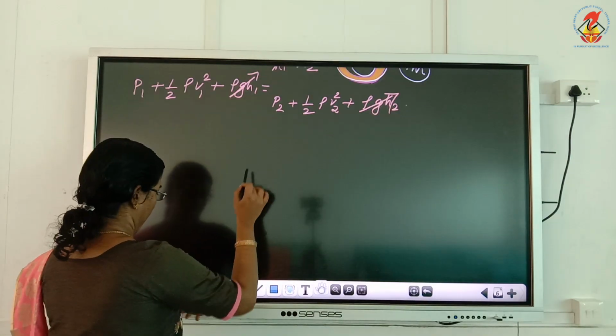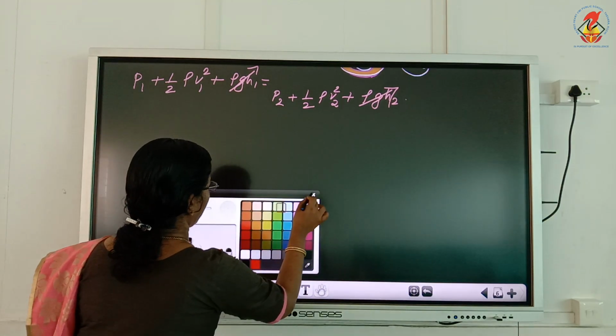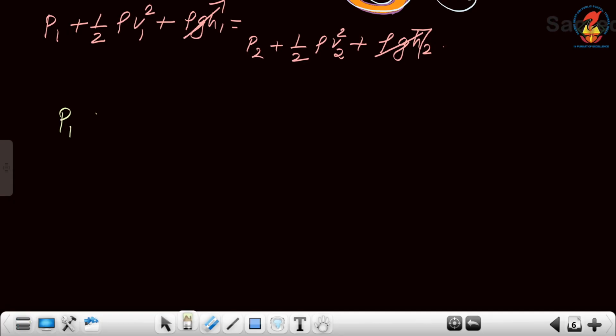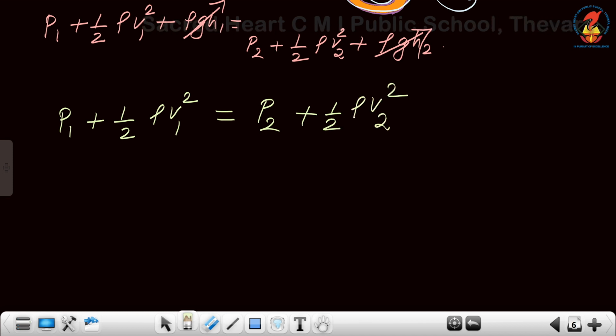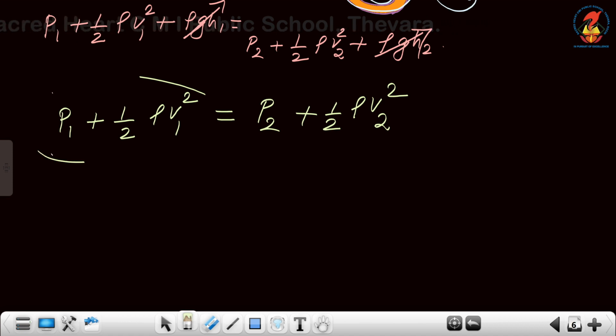So our equation for Bernoulli's principle becomes P1 plus half rho V1 square is equal to P2 plus half rho V2 square. This is section B and this is section A, the wider region and the narrow region. Our aim is to find out V1. So we are going to rearrange the equation.